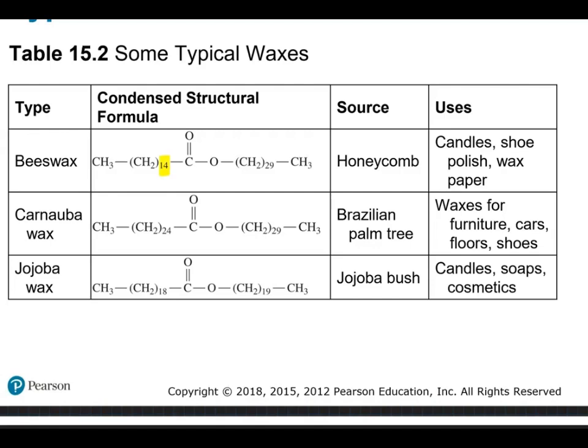So look, this is the number of carbons, a total of 16 in the acid and 30 carbons in the alcohol. 26 in the fatty acid, 30 in the alcohol residue, 20 in the acid, 20 in the alcohol. So it illustrates the point that each chain is pretty long.